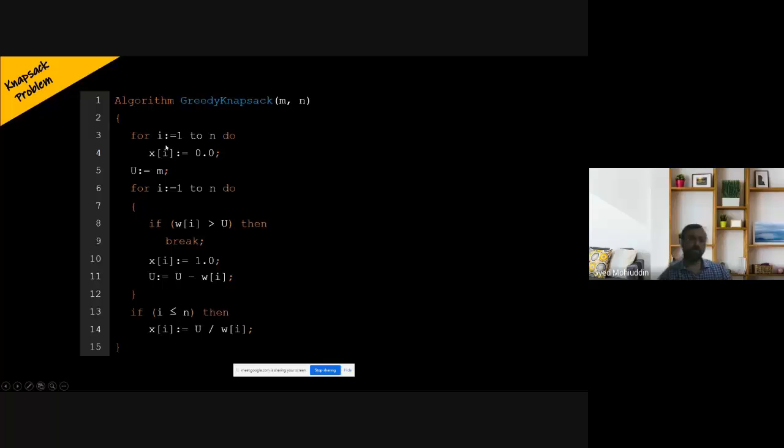Now, the assumption for this algorithm is that the array which stores the knapsack objects is sorted in descending order of profit by weight ratio.